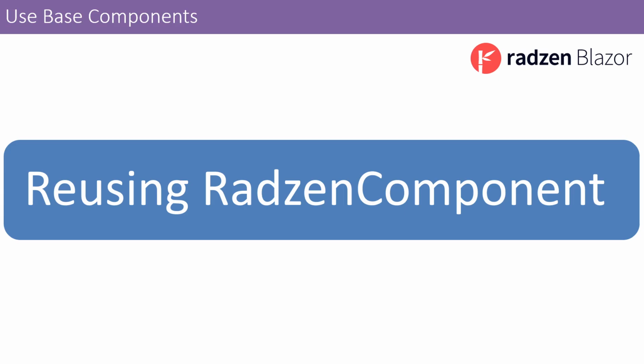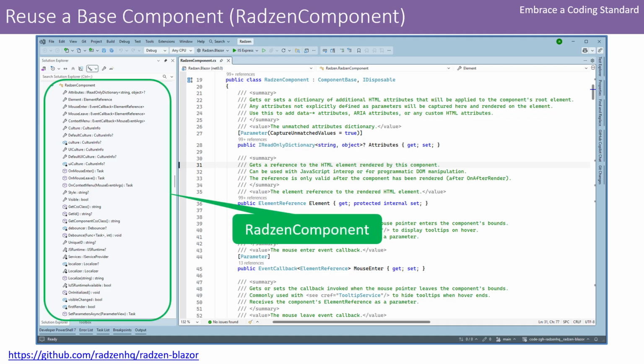When it comes to reusing base components, let's take a closer look at reusing the Radzen component. So highlighted on the left-hand side, the Radzen component and all of its different base-level properties, like visible, and even hooks into an element reference, have a lot of value when it comes to not redoing a lot of work.